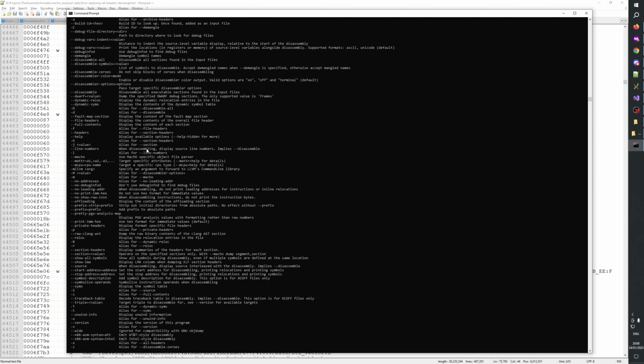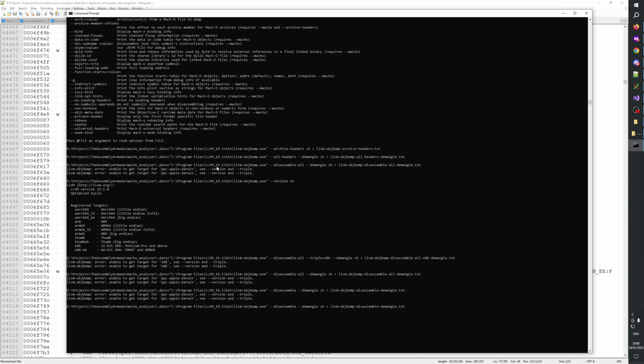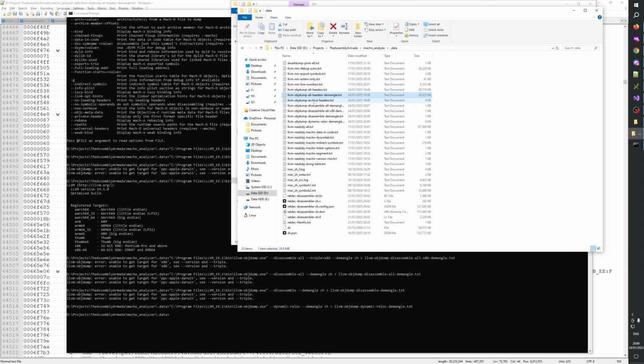Then we try dynamic relog. Display the dynamic relocation entries in the file. Okay, let's see that. Dynamic minus relog. Okay, let's see what that gives. Nothing, it's empty.